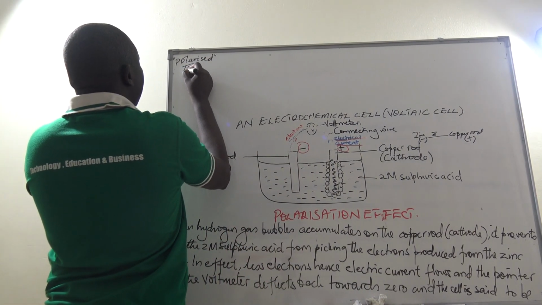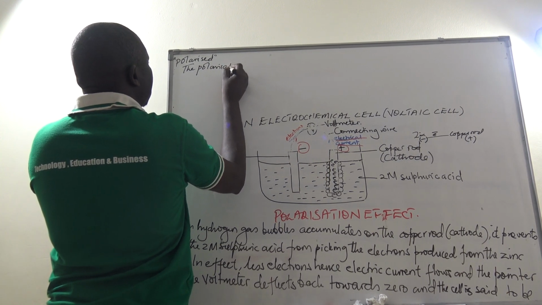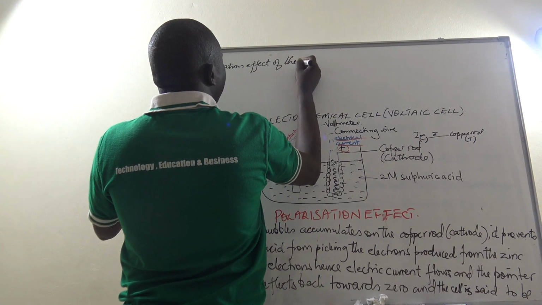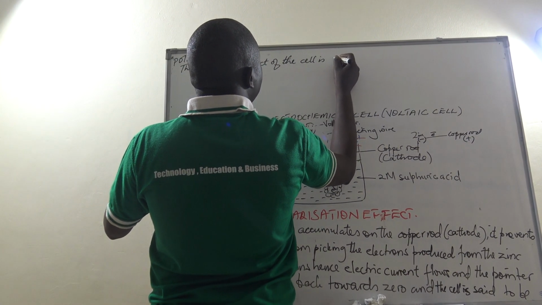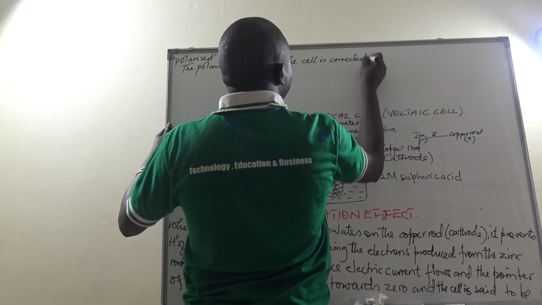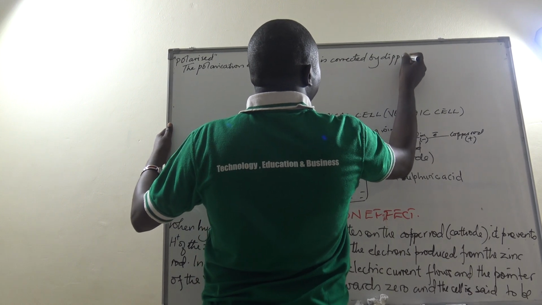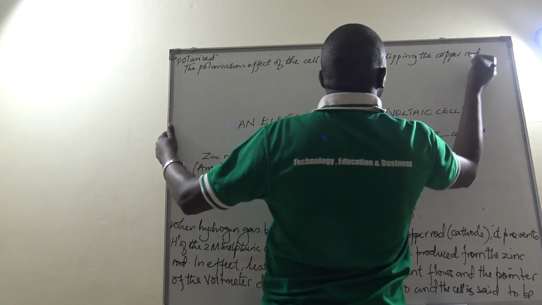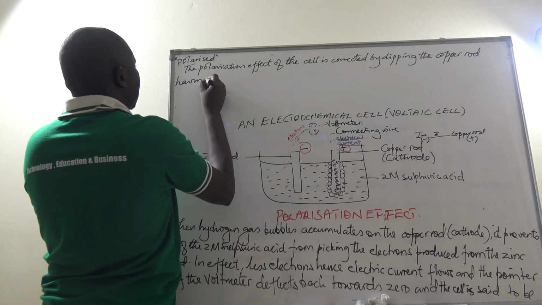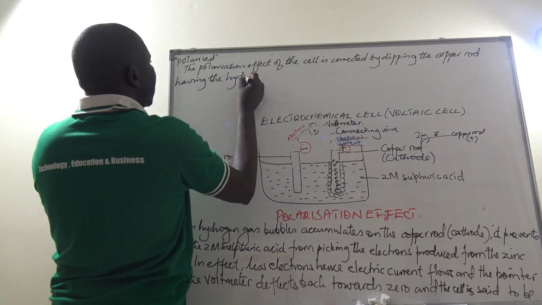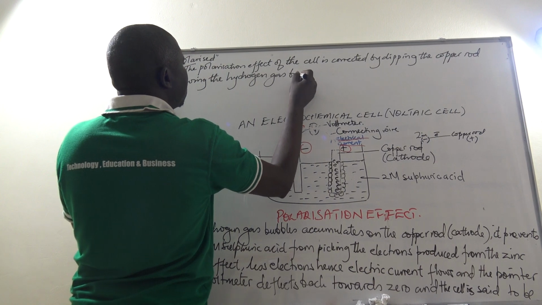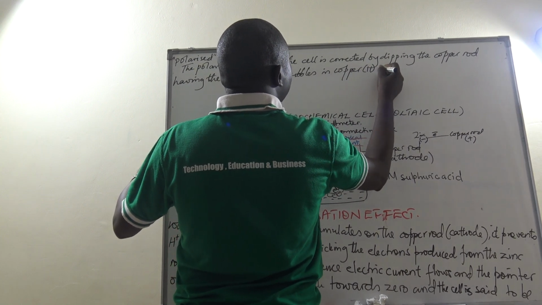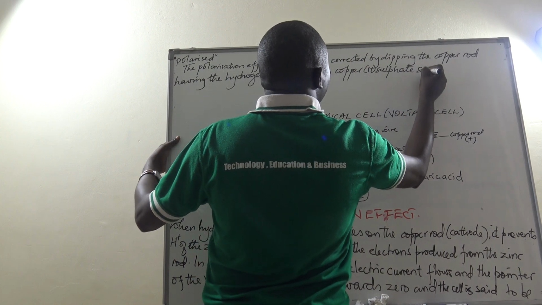Then the polarization effect of the cell is corrected by dipping the copper rod having the hydrogen gas bubbles in copper II sulfate solution.